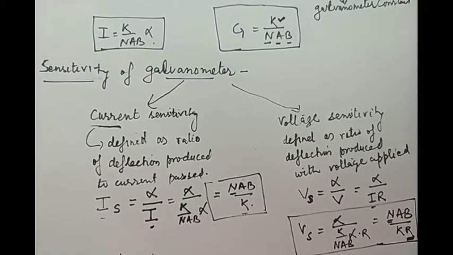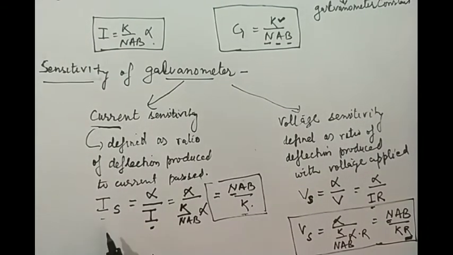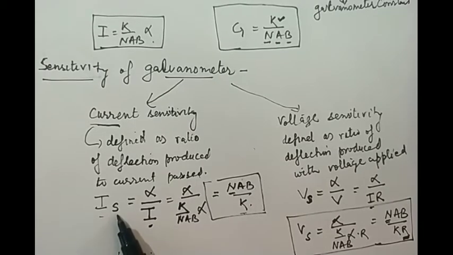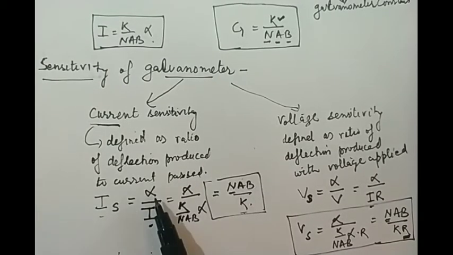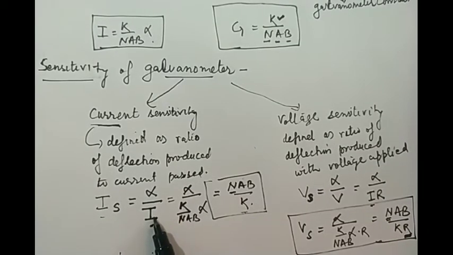Let us discuss the sensitivities of a galvanometer. There are two types of sensitivities, current sensitivity and voltage sensitivity. Current sensitivity is defined as the ratio of deflection produced to the current passed. Here the current sensitivity is represented by I small s, equal to alpha, the deflection produced, divided by the amount of current passed.